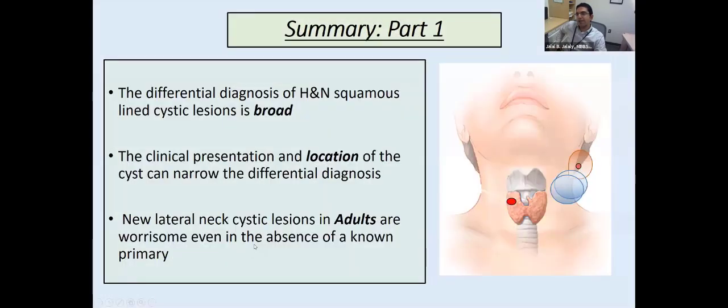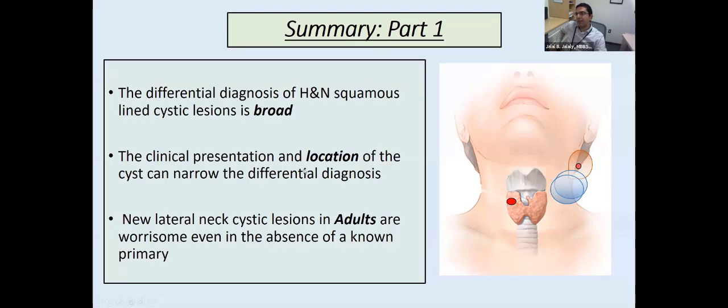So to summarize this part, I've shown you 4 cases, 2 of which were very similar in terms of clinical presentation, but different radiologically, as well as from a cytological perspective, and 2 other lesions that show squamous metaplasia.